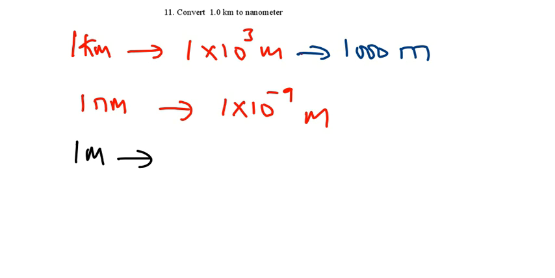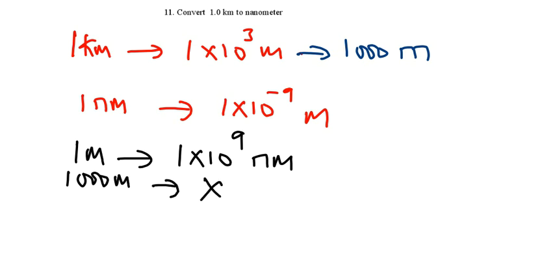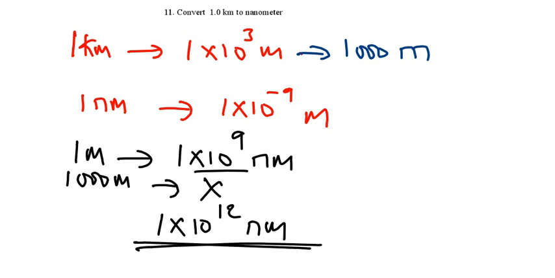So 1 meter will become 1 times 10 to the positive power 9 nanometers. So if you have 1,000 meters, which is a kilometer, you will end up with 1,000 times 10 to the power 9. That gives us 1 times 10 to the power 12 nanometers. So 1 with 12 zeros is a kilometer in nanometers.